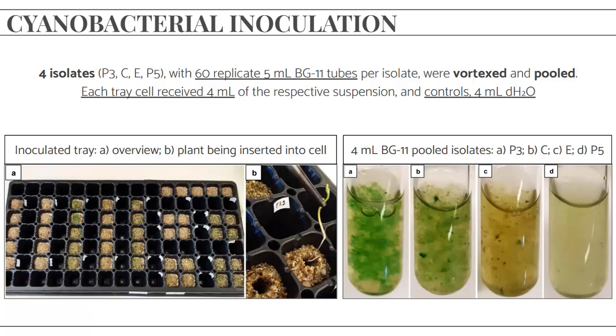I vortexed them and pooled and created solutions that got 4 milliliters in each tray cell. And for the controls, they got 4 milliliters of water instead.